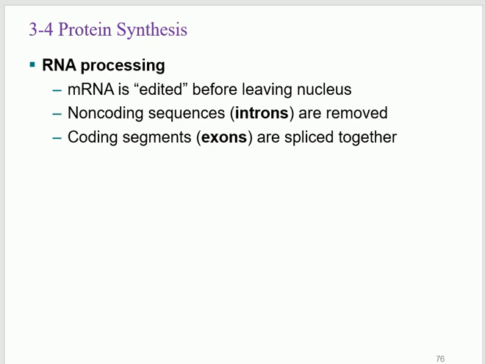And we call this process RNA processing. So before you leave, anything that does not code, which is like the blank paper, the white paper, where there's nothing written, you cut it away and get rid of it. And leave only the ones that have the actual instructions. What do we call it? Exons. So here is a whole page, like 2 lines, and then space, white, 2 lines, space.